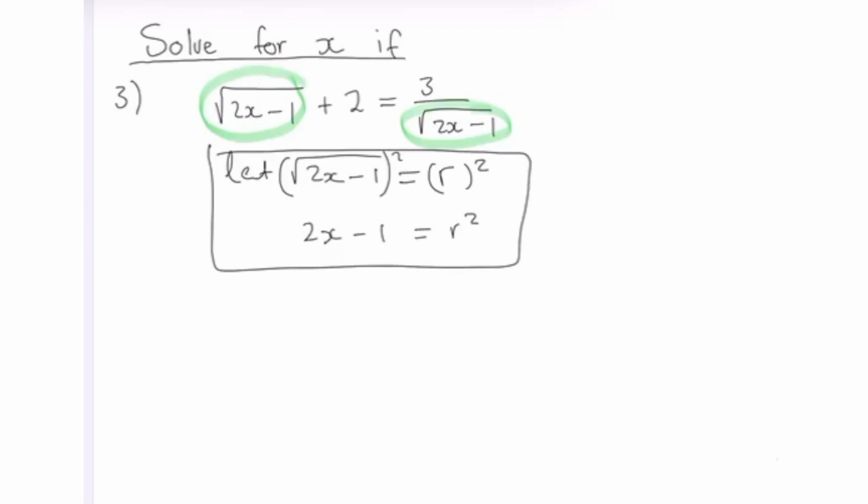Since we let the square root of 2x minus 1 be R, we're just going to replace it. This is R plus 2.